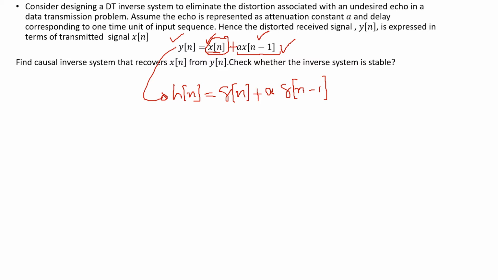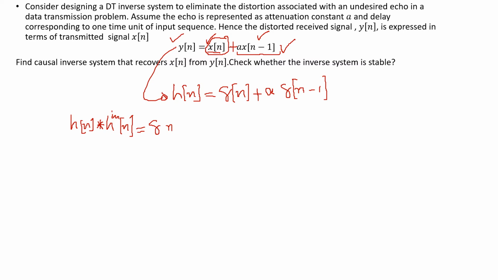So now we have found the impulse response of the system. Now we need to find the impulse response of the inverse system. If two systems have impulse responses h of n and h inverse of n, and they are inverse, then the convolution of the two must result in impulse of n.